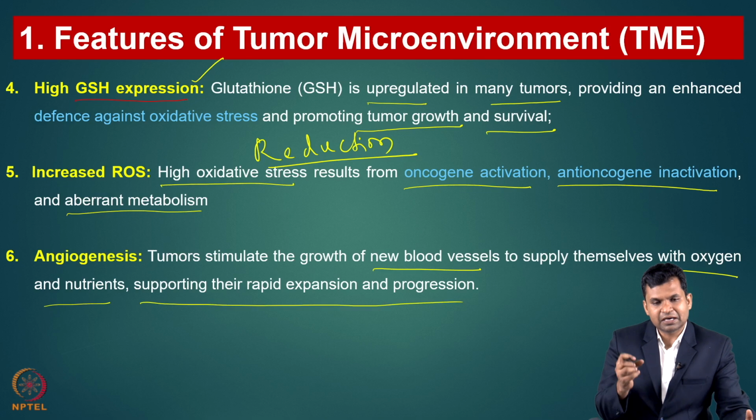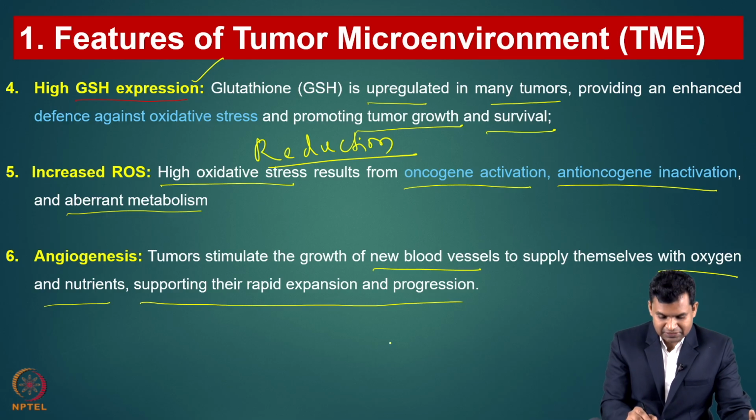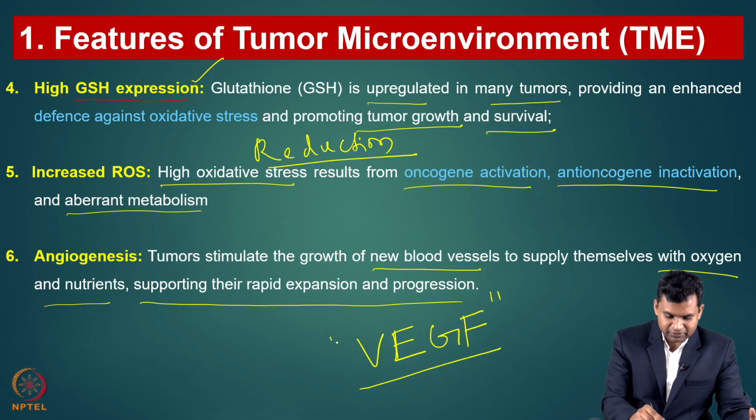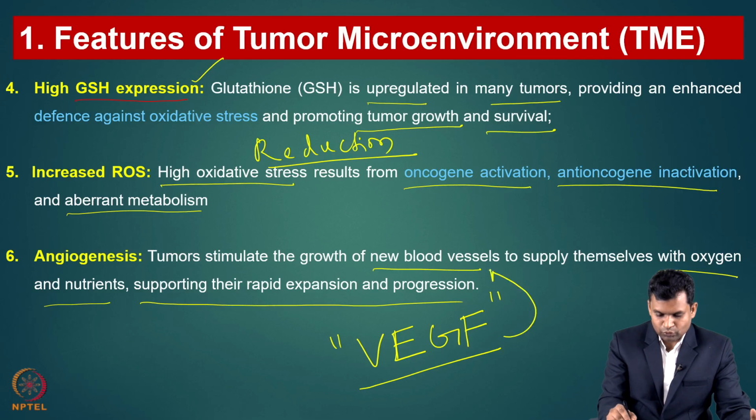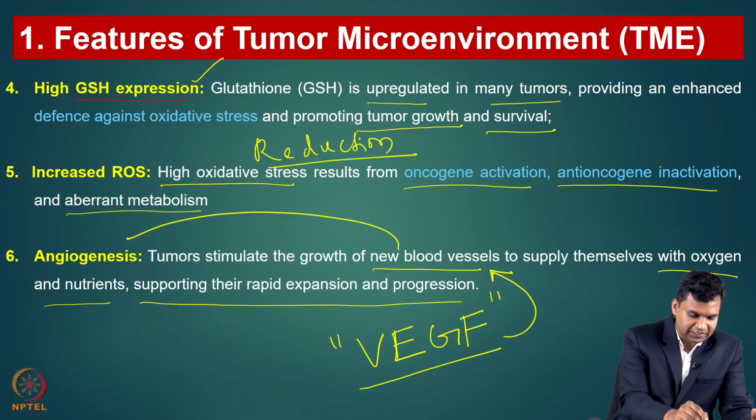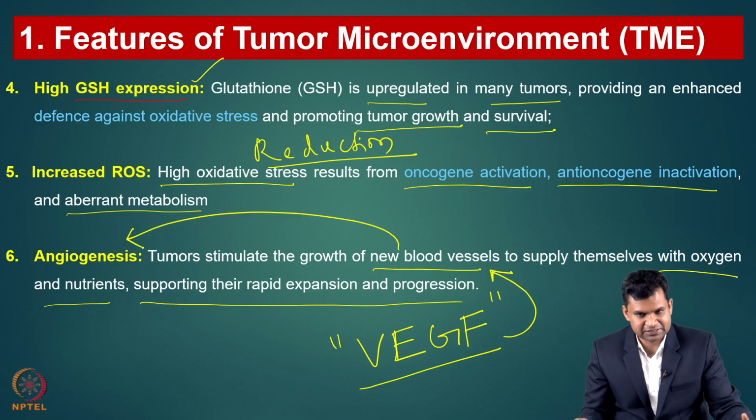Now, here there are various pathways that help to form new blood vessels, which is called angiogenesis. There is one molecule called vascular endothelial growth factor, which is stimulated by various mechanisms and leads to the formation of new blood vessels, called angiogenesis.